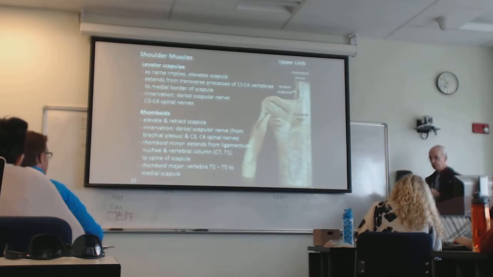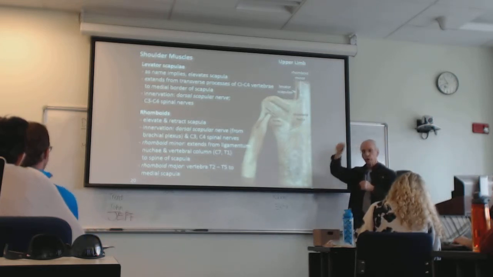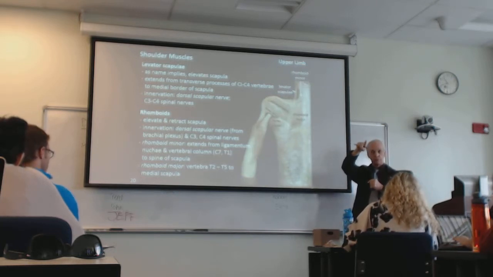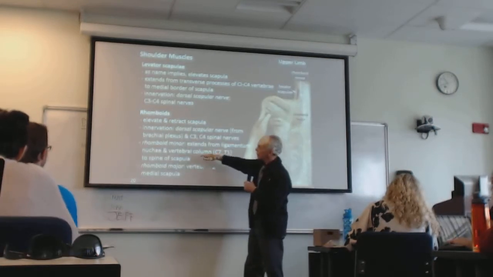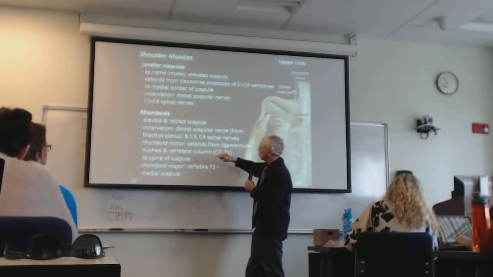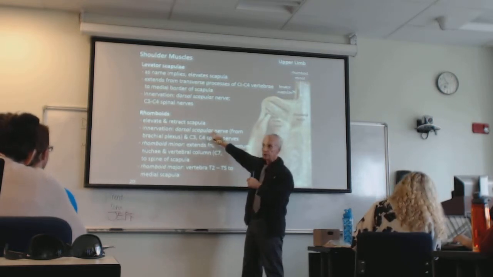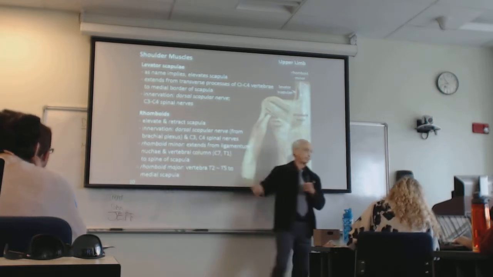So do we understand the distinction between the brachial plexus and the cervical plexus? Brachial plexus is C5 to T1 or C5 to C8. The cervical plexus is C1 to C4 or C1 to C5. So what we're saying is that in both cases, it's primarily a nerve from the brachial plexus that is innervating the muscle, but there are also contributions from the cervical plexus.